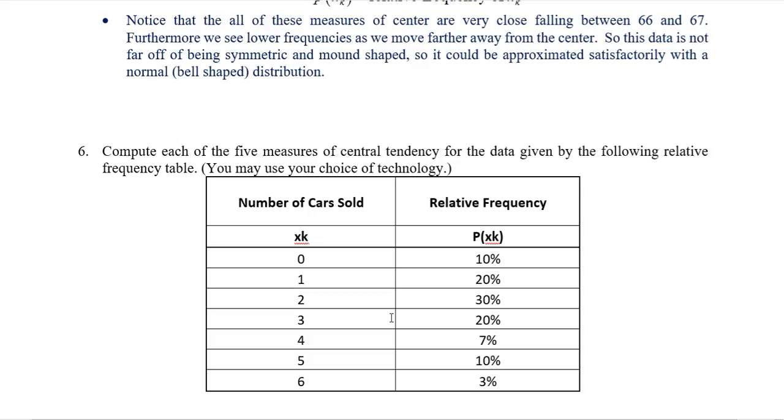Okay, now let's see if we can do this next one based on what we just learned on the last one. Compute each of the 5 measures of central tendency for the data set, giving not frequencies this time, but relative frequencies. Well, what we can do here is multiply the x's times the relative frequencies.